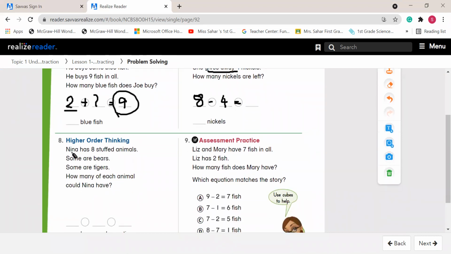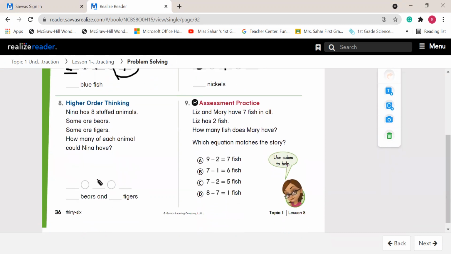Okay, number 8. Nina has 8 stuffed animals. Some are bears, some are tigers. How many of each animal could Nina have? All right, so it's like you're guessing. It's up to you. I know that total is 8, so that's her total. So there are lots of chances for how many she could have.